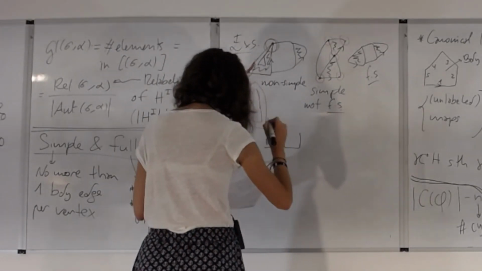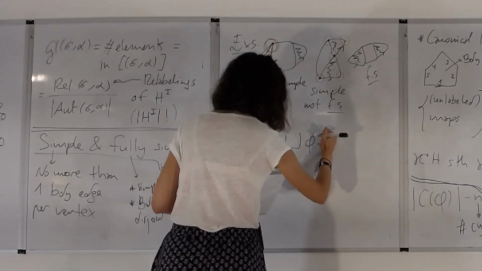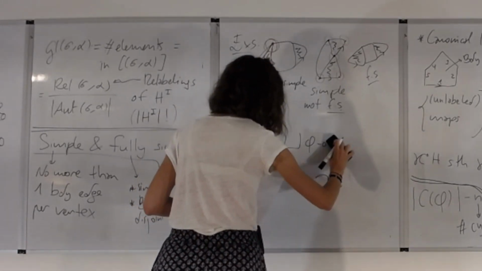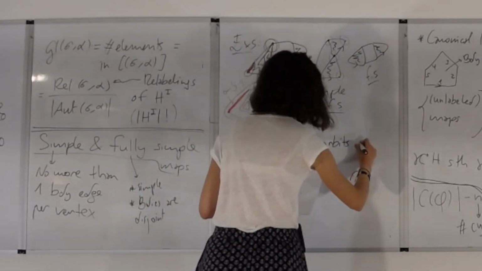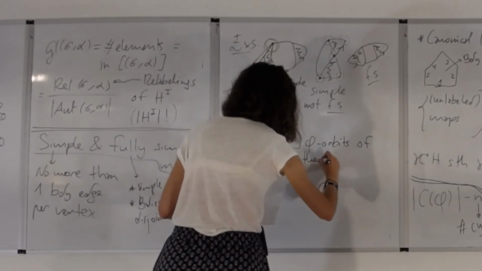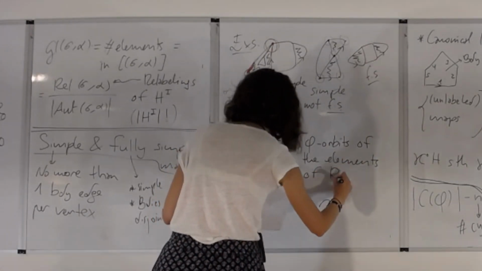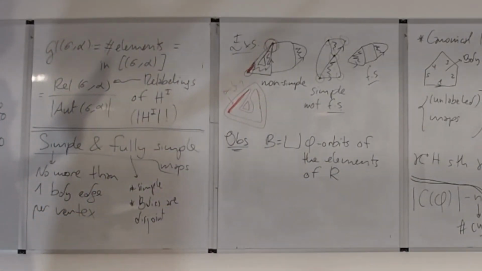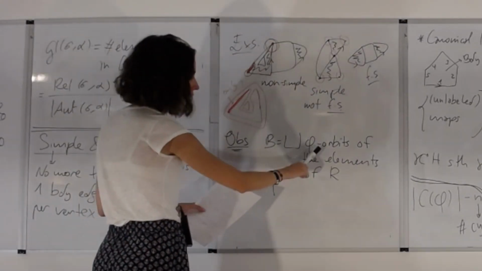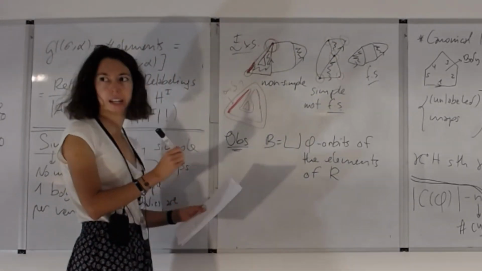If we take B to be the union of phi orbits of the elements of R, so remember that R was the tuple of marked edges, then phi orbits of these elements just means the set of boundary edges.